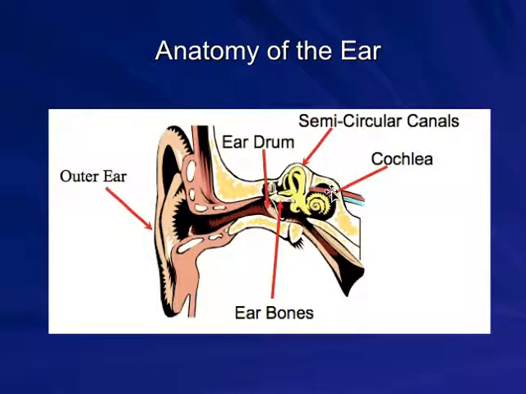So you may notice that as people get older, their hearing is affected, particularly if they're exposed to large amounts of noise over time, and they're particularly affected in higher frequencies.